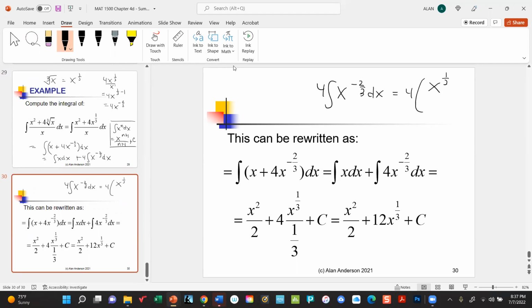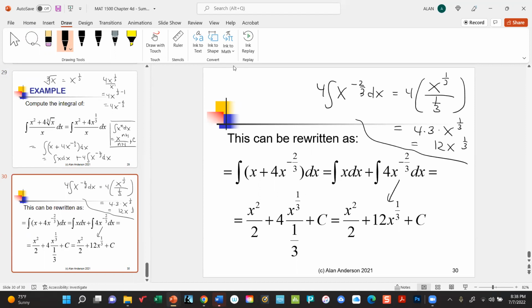And when you add 1 to negative 2/3, you get 1/3. So dividing by 1/3 is the same as multiplying by 3. So that's why this turns into this.